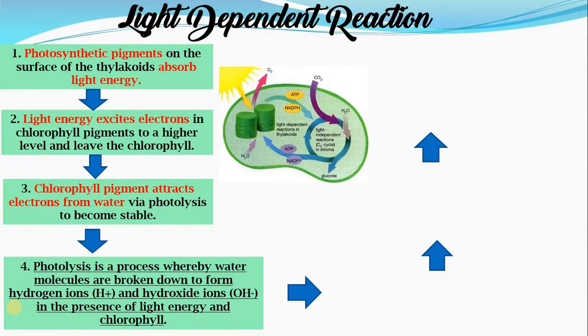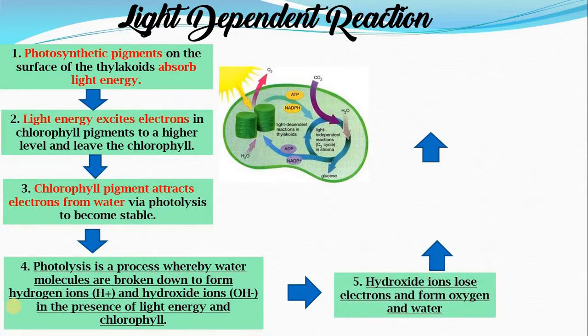Photolysis occurs because the chlorophyll pigment attracts electrons from the water to become stable. So after photolysis occurs, what ions are produced? It will produce hydrogen ions and hydroxide ions.